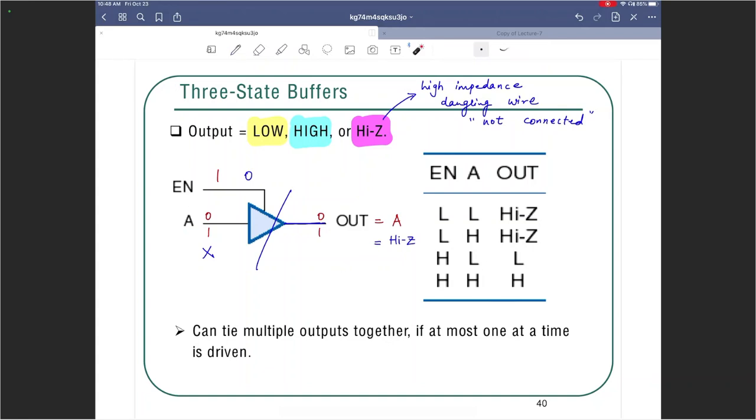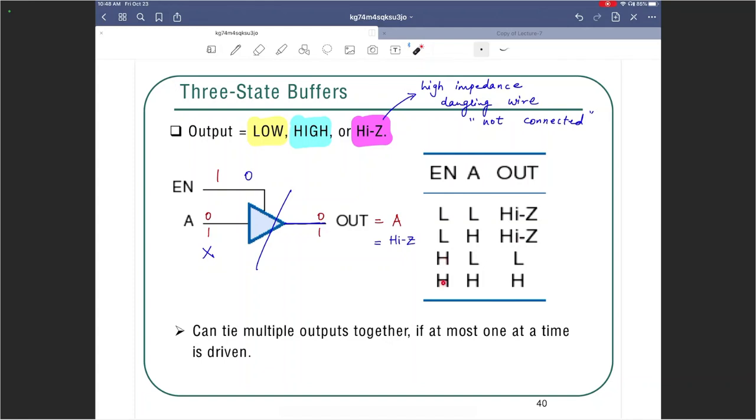All of this is captured in a truth table over here for the tri-state buffer. When enable is low, that means the tri-state buffer is not enabled. No matter what A is going to be, the input, the output is going to be in the high impedance state, a dangling wire, not connected to anything.